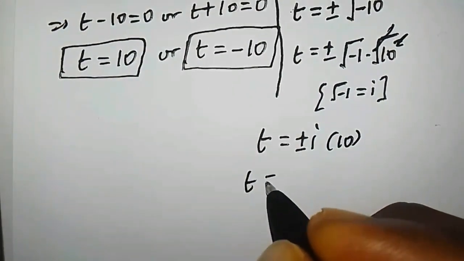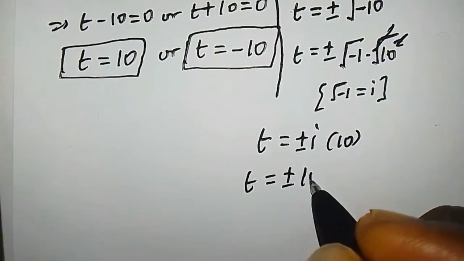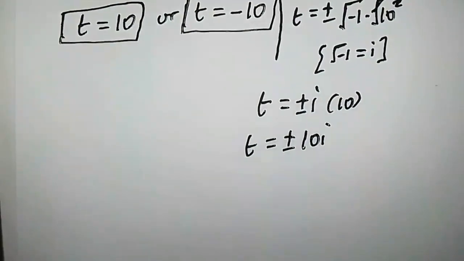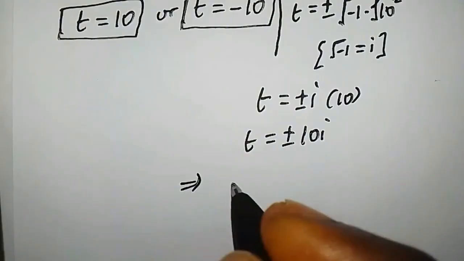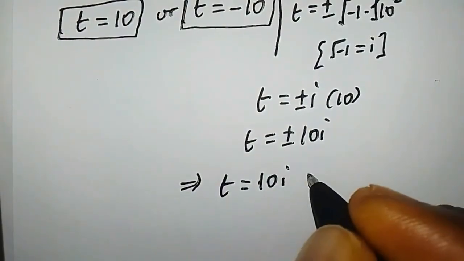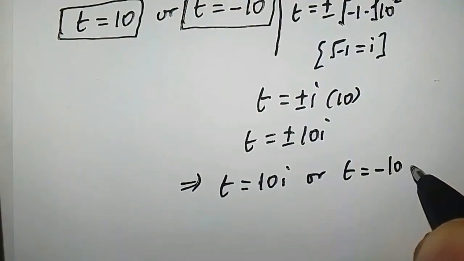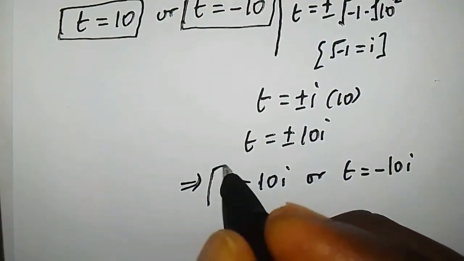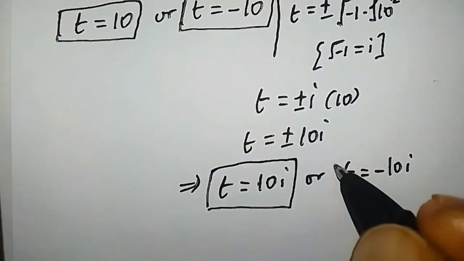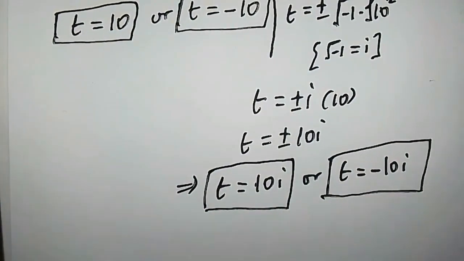So t is equal to plus or minus i times 10. This implies that t is either equal to 10i or t is equal to minus 10i. These are the complex solutions. t is equal to 10i or t equals negative 10i.